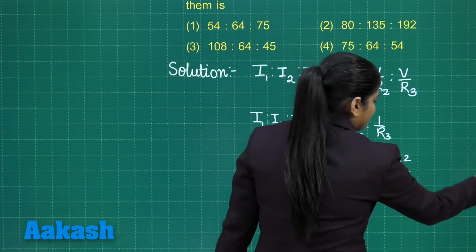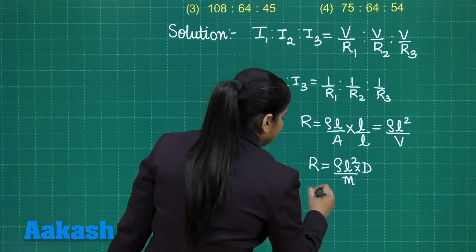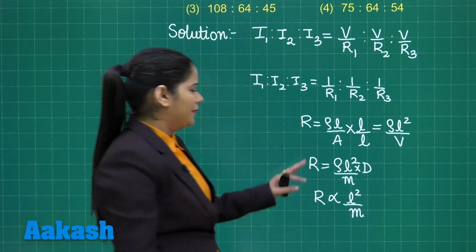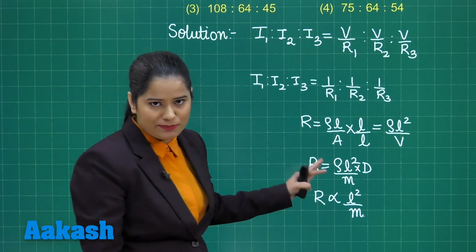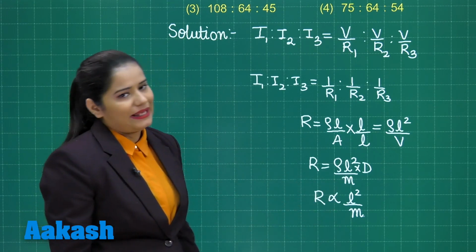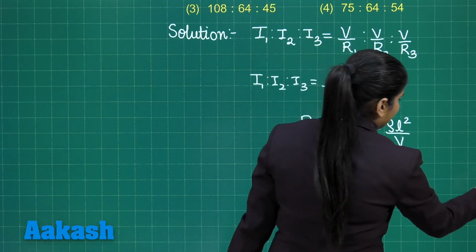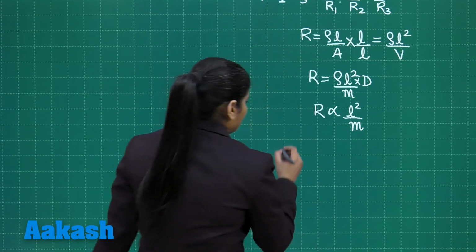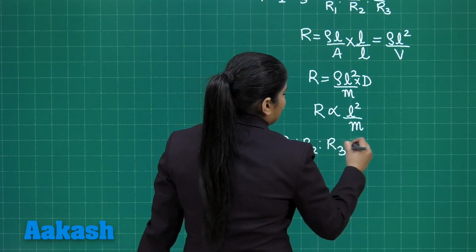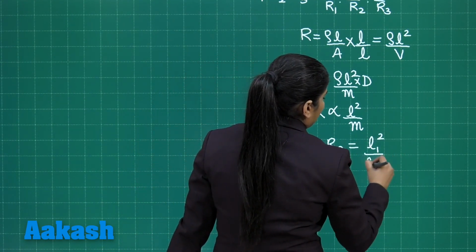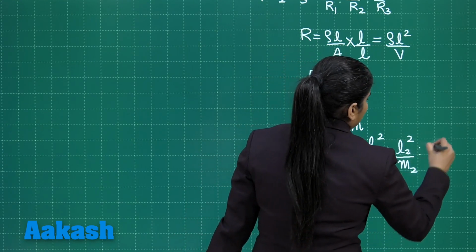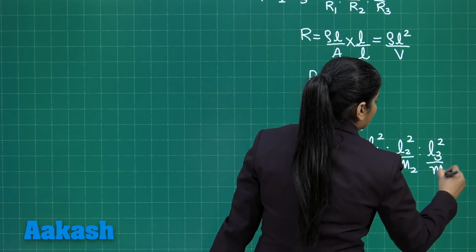Now from this formula you can clearly see that R is proportional to L square by M because the wires are made up of the same material, so they are going to have the same specific resistance as well as the same density. So R is proportional to L square by M. So if I write down R1 is to R2 is to R3, that will simply be L1 square upon M1 is to L2 square upon M2 is to L3 square upon M3.